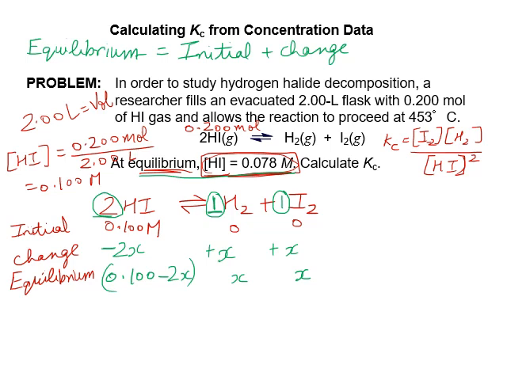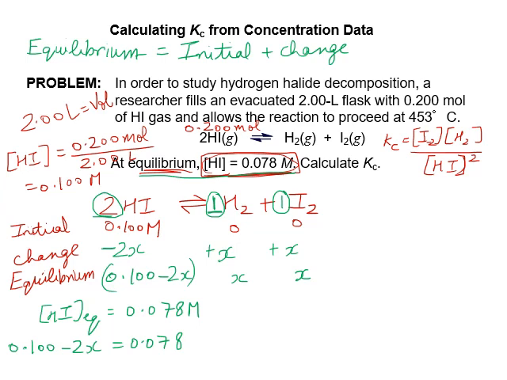I can simply say that at equilibrium, HI is 0.078 molar, and based on my ICE table, this number is 0.100 minus 2x, which is equal to 0.078. Now I'm simply solving for x.